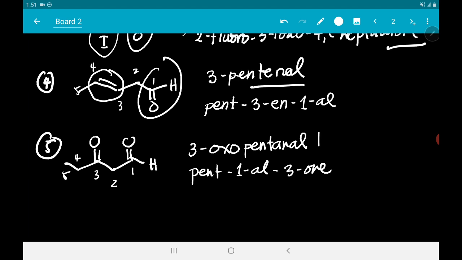Okay, so it's simpler to just name it 3-oxopentanal. Okay. So that's how we name alkyl halides and carbonyl compounds.